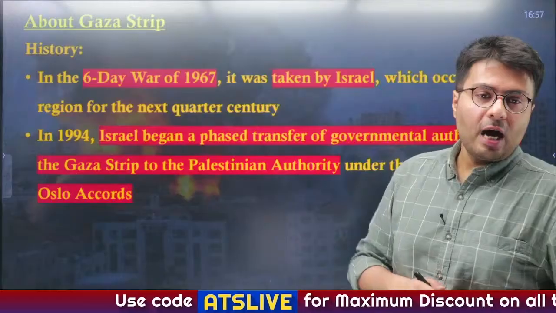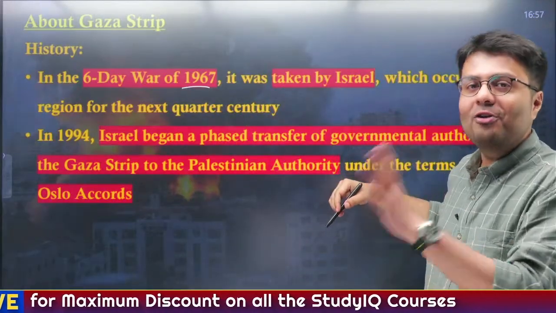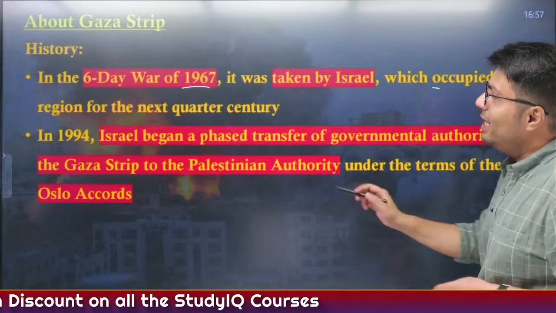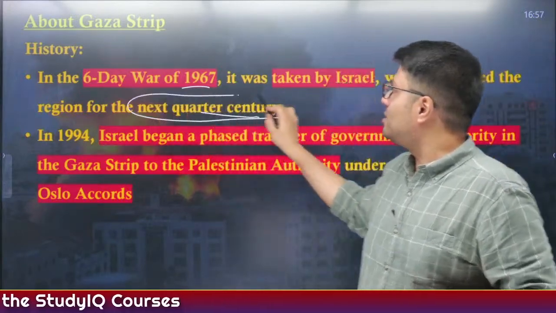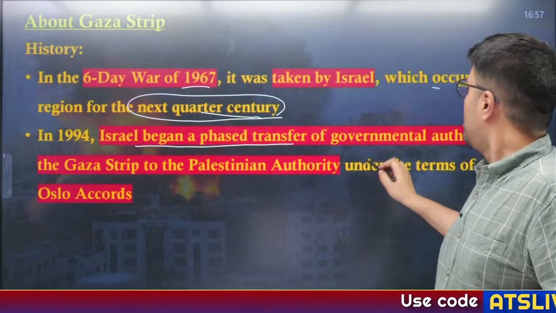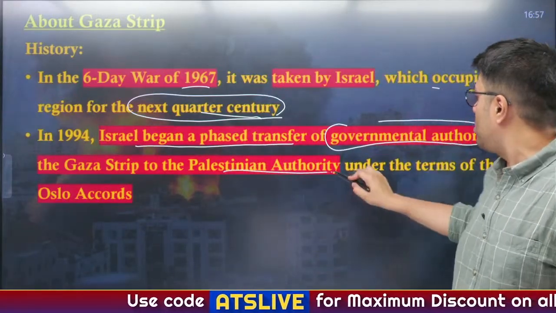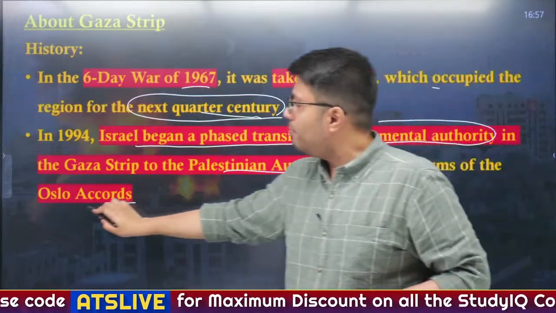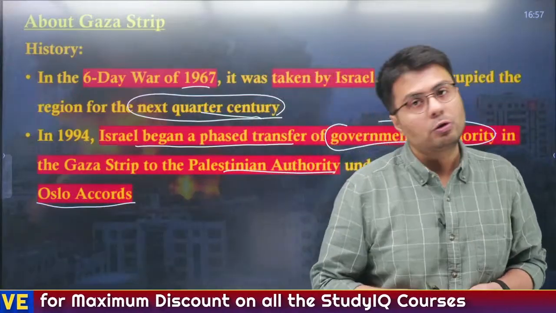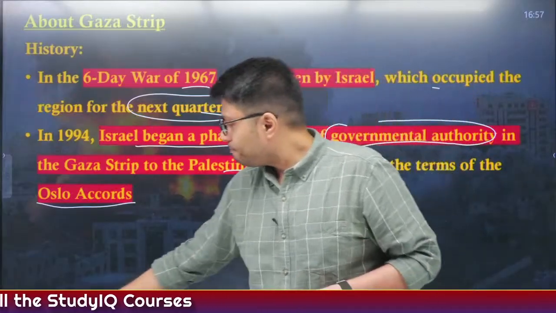Now the history of Gaza is that in the 6-day war in 1967, Israel occupied Gaza, and therefore ruled Gaza for the next 25 years. But in 1994, Israel began a phased transfer of government authority in Gaza Strip to the Palestinian Authority under the terms agreed upon in the Oslo Accord, which was talks brokered by the United States, right?